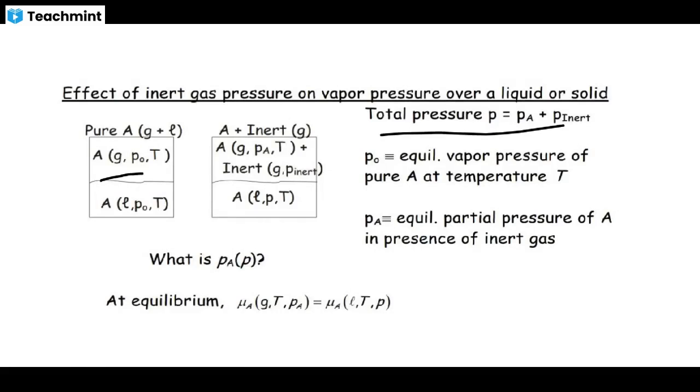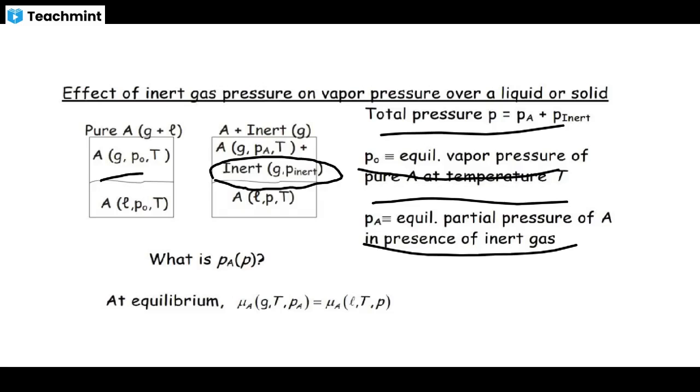When you add an inert gas at pressure P inert, what is the change? P0 is the equilibrium vapor pressure of pure A at temperature T, and Pa is the equilibrium partial pressure of A in the presence of the inert gas.